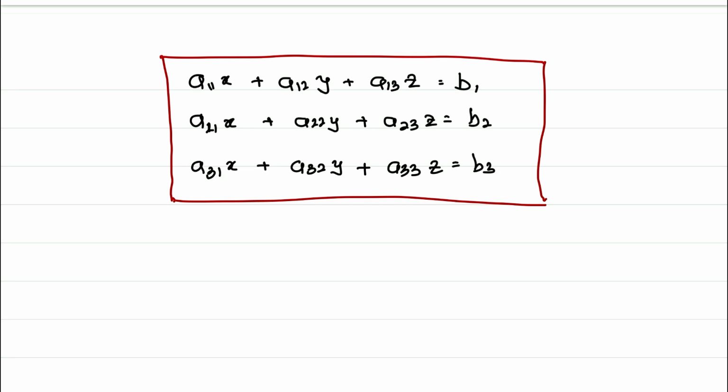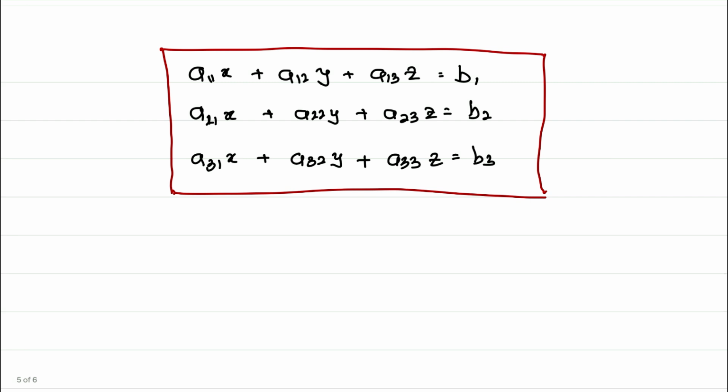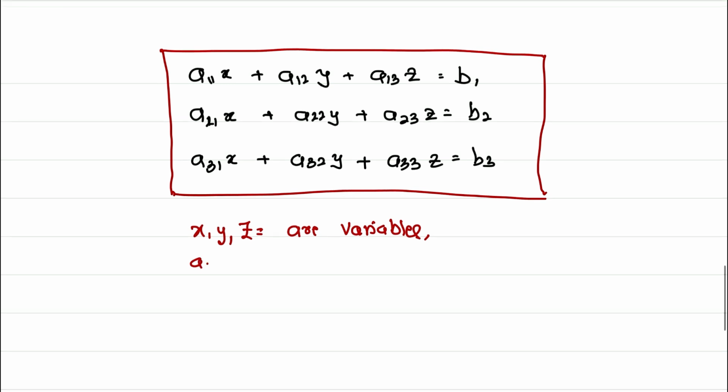Now, in this, the values a11, a12, a13 are all coefficients of x, y, z. x, y, z are variables. Please try to understand me. a11, a12, a13 and so on are coefficients of the respective variables.